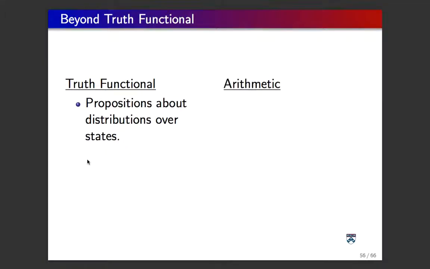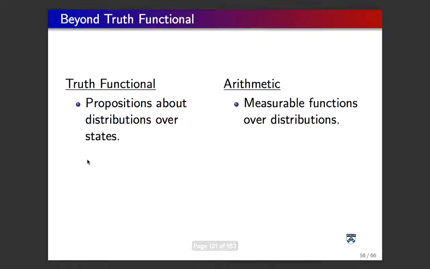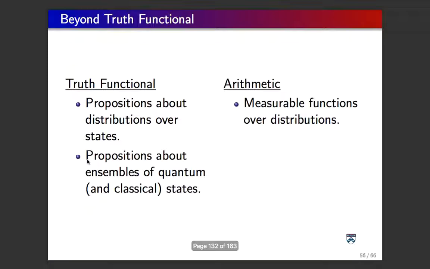In the probabilistic case, truth functional languages reason about distributions over states, and everything is a proposition. In the arithmetic case, our assertions were measurable functions over distributions. We then expanded upon the first one by saying, okay, now we're going to talk about propositions about distributions over quantum and classical states, and that's straightforward.